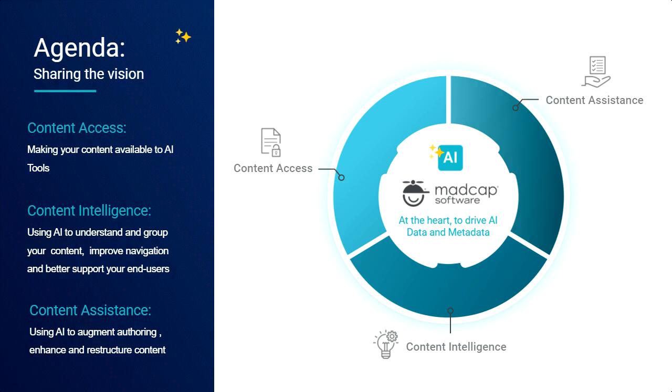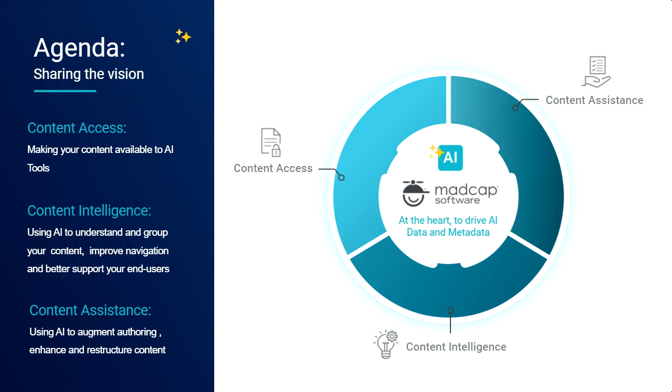The first one is content access. As we all know, content only adds value once it's consumed. So part of our content access strategy around AI is ensuring that your proprietary content is high octane fuel for AI, making sure that your content is available to AI tools. Structured content is a solid format and a solid foundation.